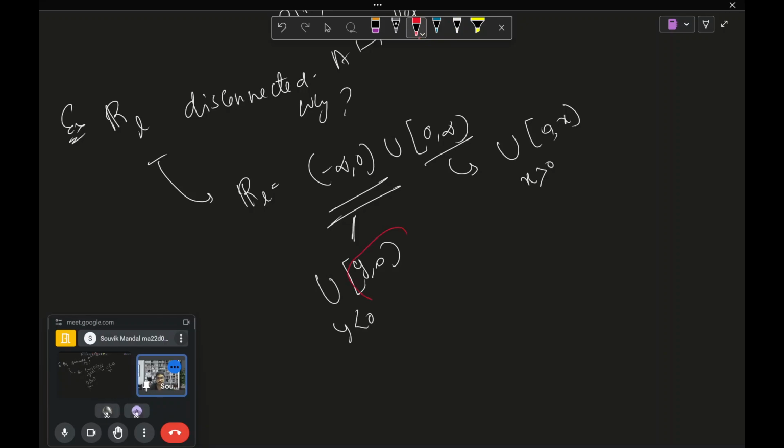Each of these is open in R with the lower limit topology, so their unions are also open. So this and this constitute a disconnection of R_L. That's why R_L is disconnected. So this is the argument.